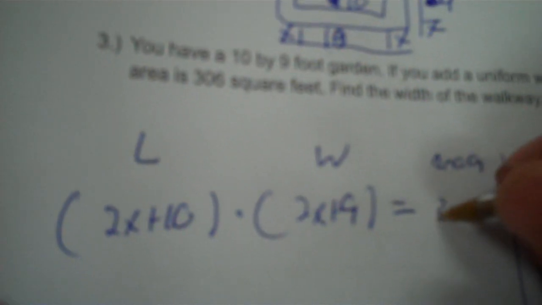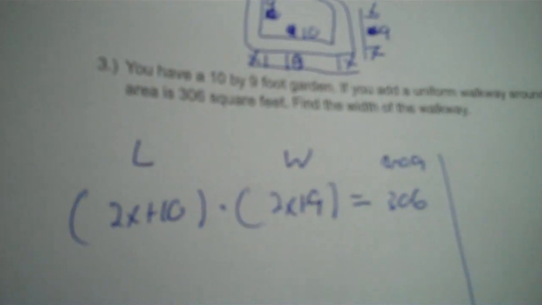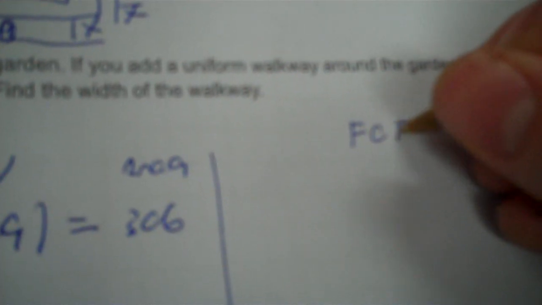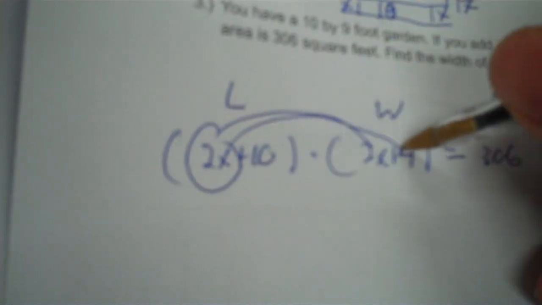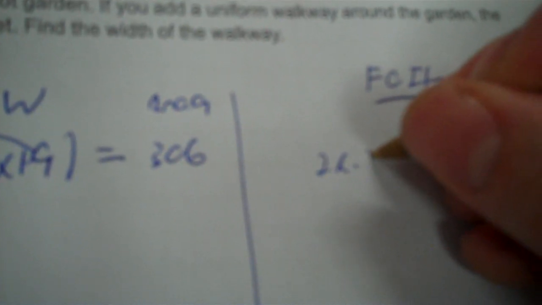So the length, 2x plus 10. The width, 2x plus 9. And the area is 306. Okay. Now you have to execute the FOIL method. 2x times 2x and 2x times 9. Then 10 times 2x and 10 times 9.